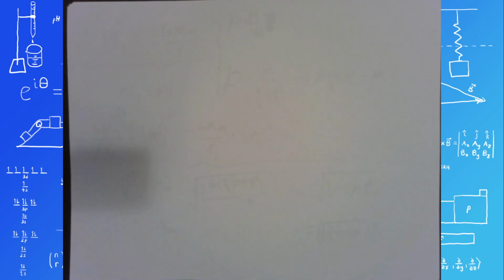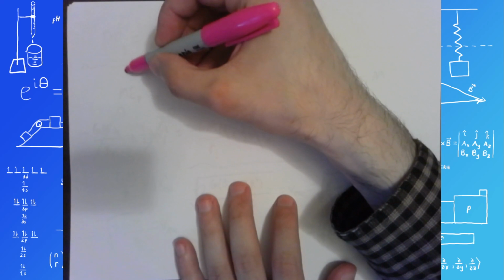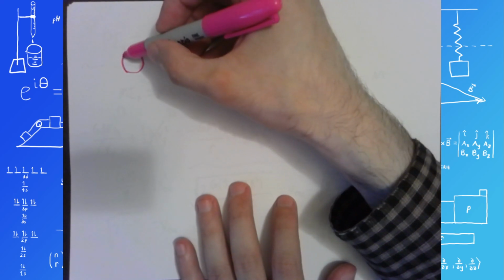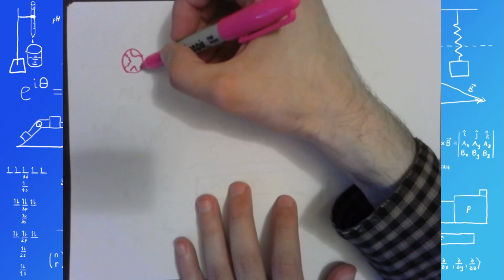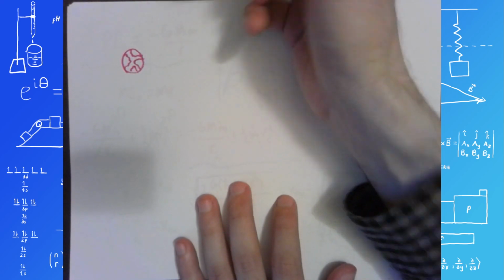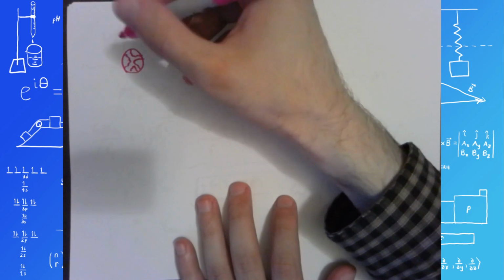So let's say we've got planet Earth. I'll draw some random continents that don't even resemble what we have in real life, but let's say we've got planet Earth over here.